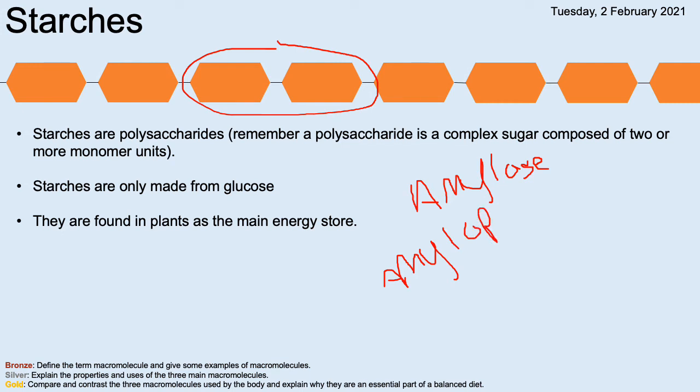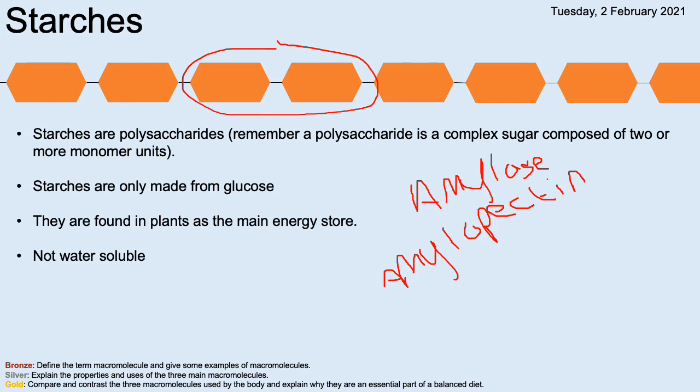So you can't get any more varieties of starch. It's just these ones. So there you go, amylose and amylopectin. We won't go into what makes these different. You just need to know that there are these two different forms of starch.